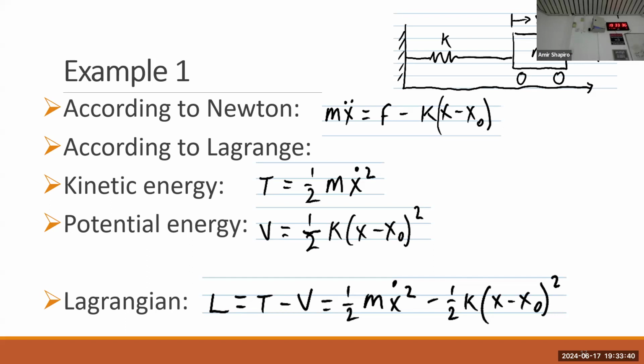The potential energy of the spring is half k x squared, but x is not x, it's actually x minus x0, where x0 is the amount of the displacement of the spring. So the Lagrangian is T minus V, and it's this expression.